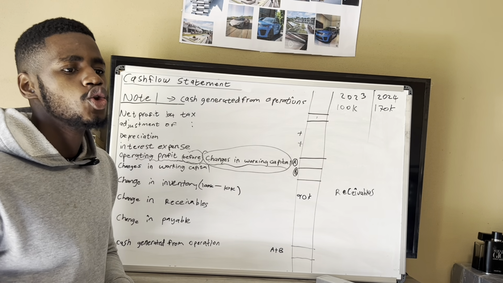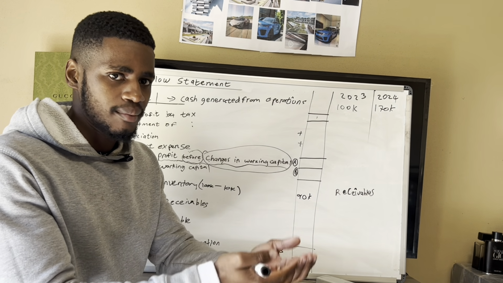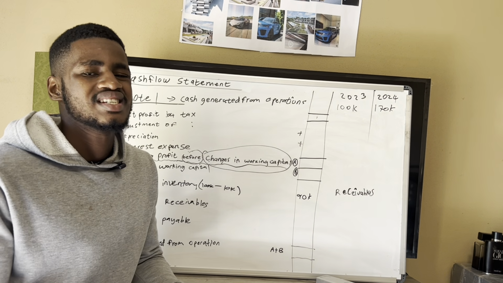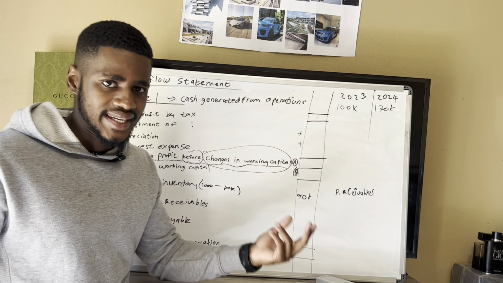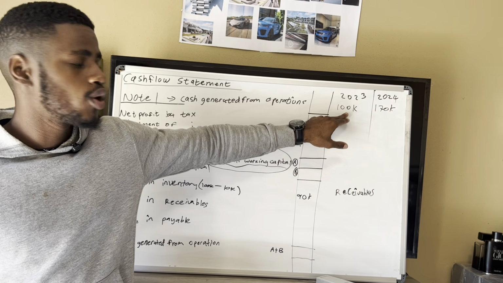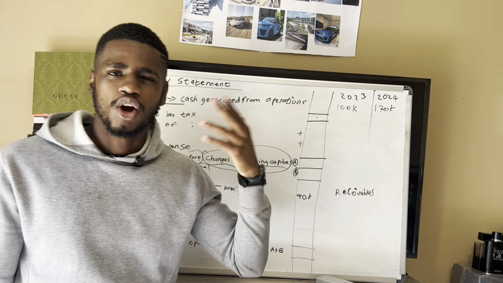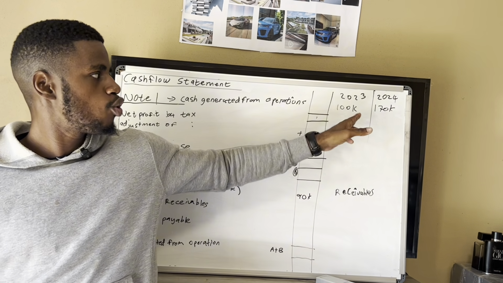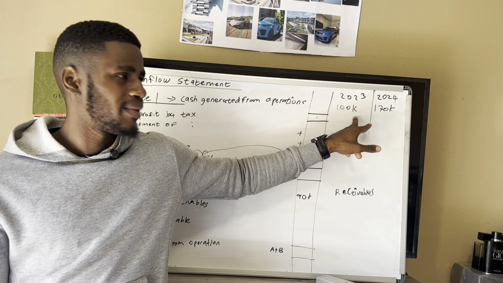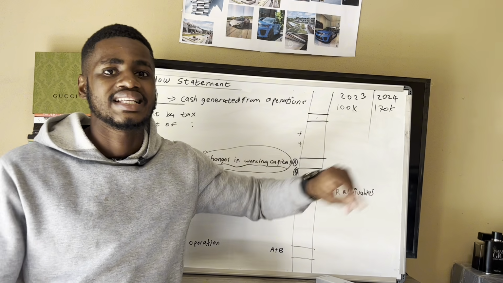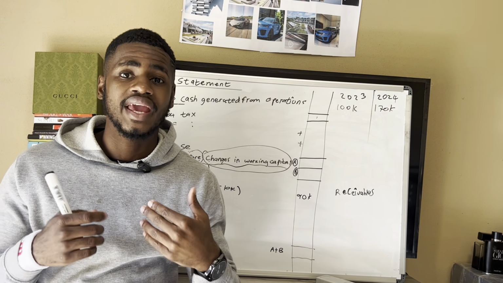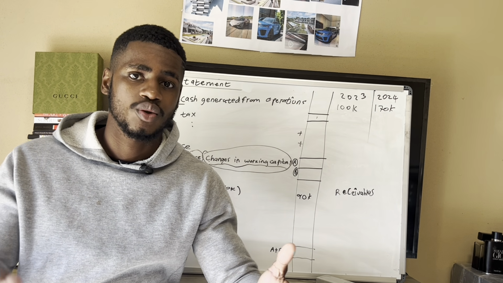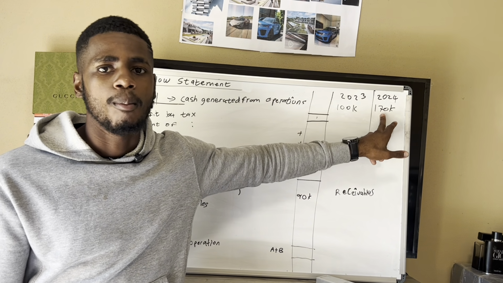It means that you gave them more credit or more money. Let's just make a logical example. These people were owing you 100,000 last year, but now they are owing you 170,000. That means that you gave them more money, so they are now owing you more.